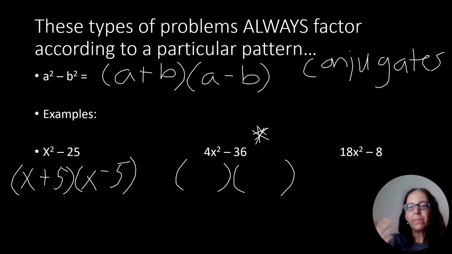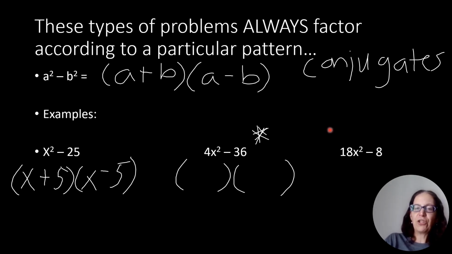Now, what do I want to do? I'm going to jump down to that third one down on the end there. So looking at the third one, I can tell that I have a difference because it is being subtracted. The problem is that 18 and 8 are actually not perfect squares.